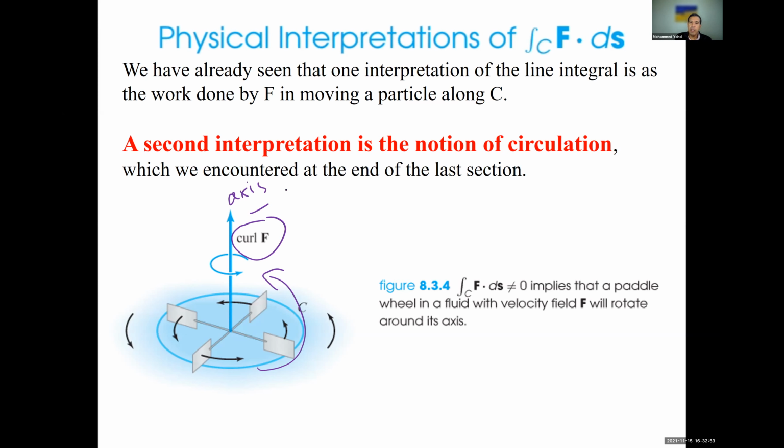At the end of the last section, whenever the integral over a curve is nonzero, it means there is some circulation. If the line integral is 0, we know it's not going to lead to any circulation or rotation.